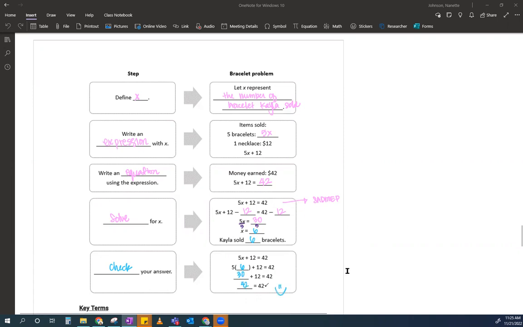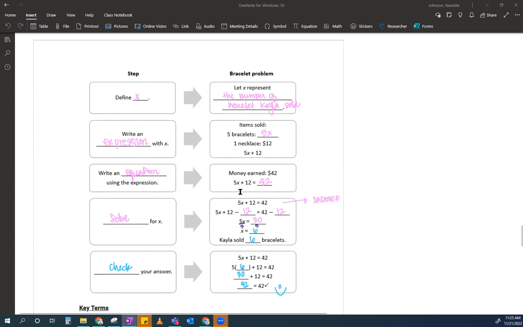Okay, so hopefully one of the biggest takeaways that you're taking here is two things. Number one, when I have an equation, what do I do with it? The very first thing is know where you want to go. My answer is going to look like x is equal to blank. And so every single step that I take should get me closer to x equals 6, isolating that variable.